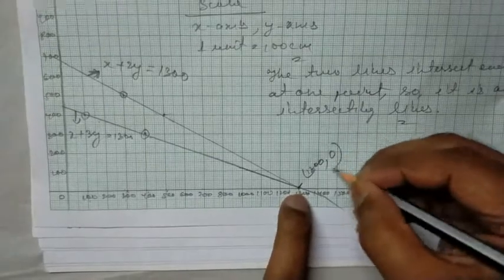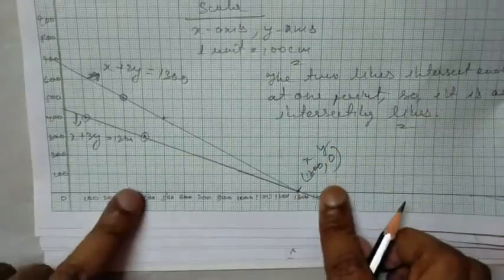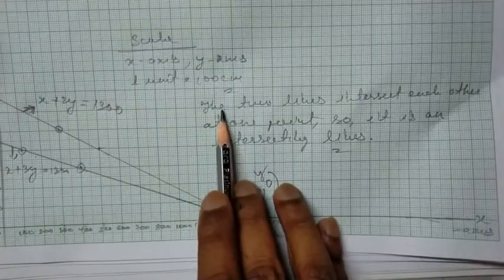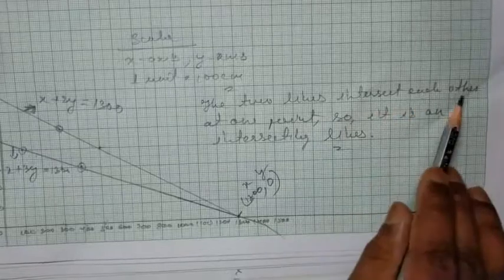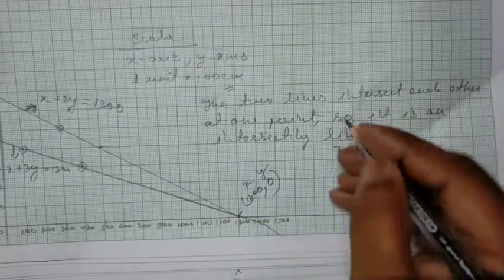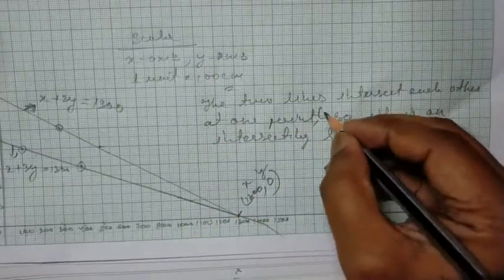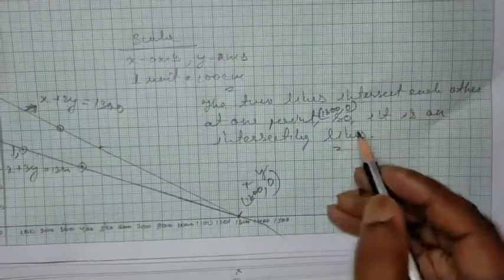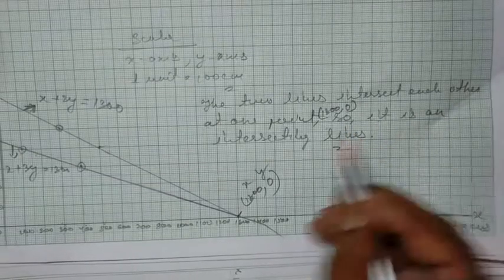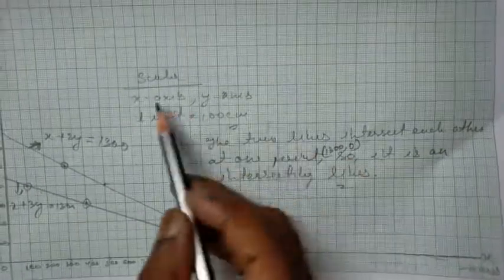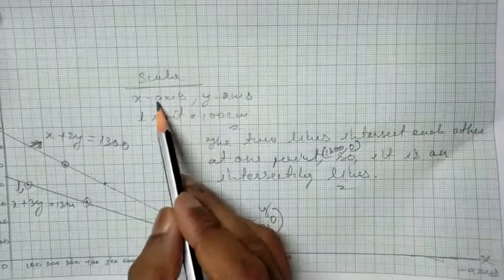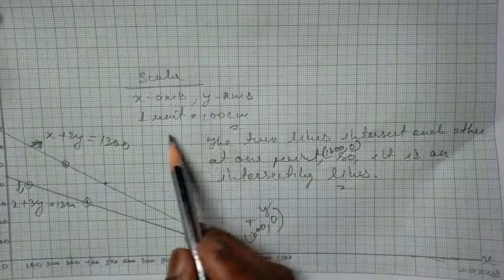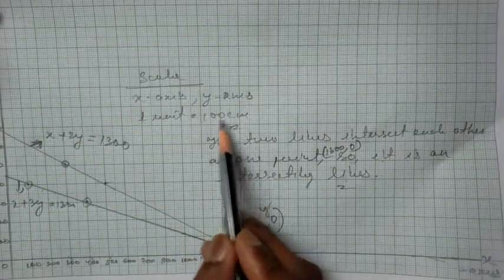So we can write here, the two lines intersect each other at one point, which is (1300, 0). So it is intersecting lines. We can also write the scale: x axis and y axis, 1 unit is equal to 100. We have taken the gap.